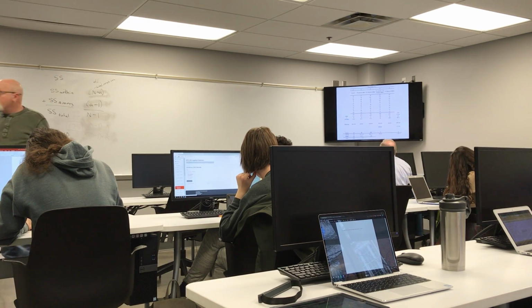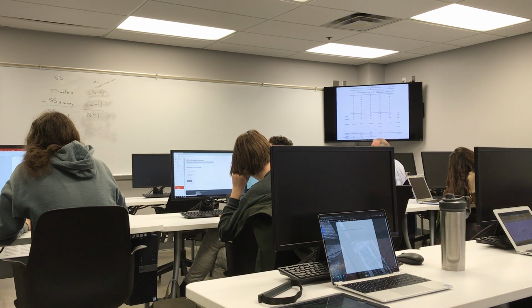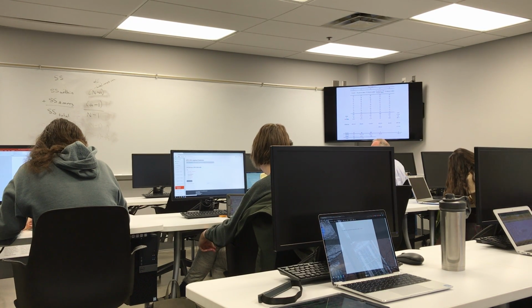Sums of squares among, you basically take this mean minus the grand mean, multiply it times 10. Oh, sorry, this mean minus the grand mean squared times the sample size.